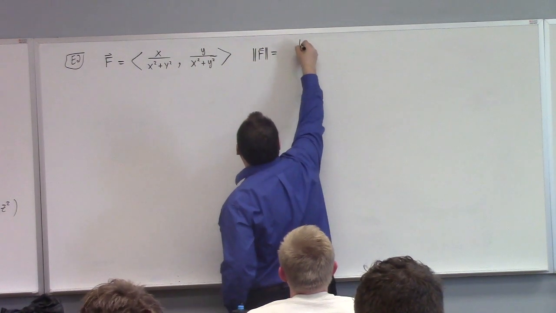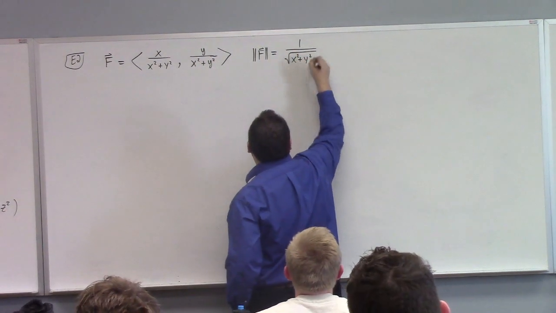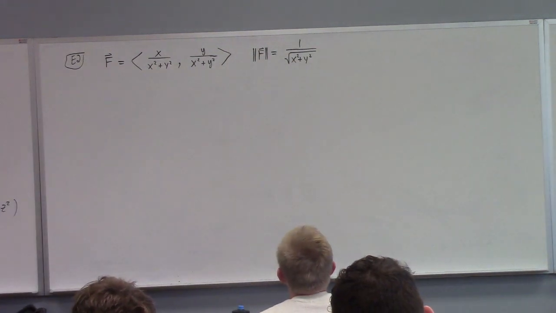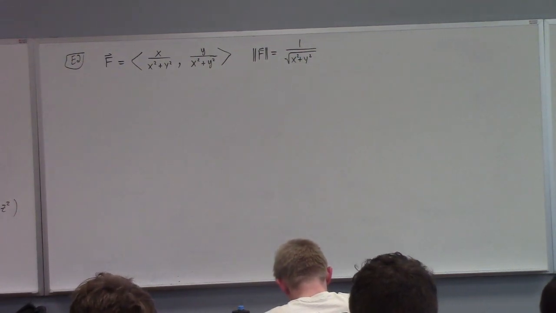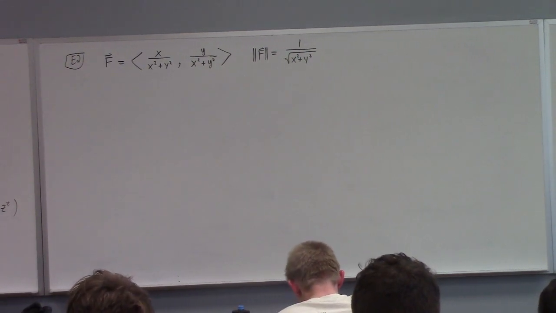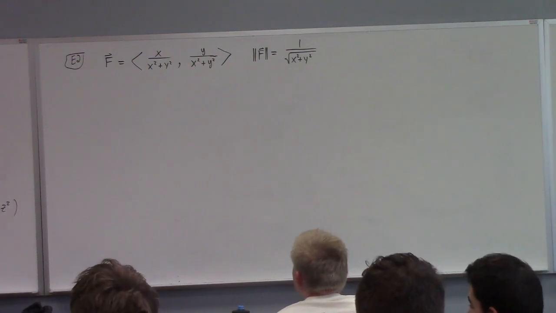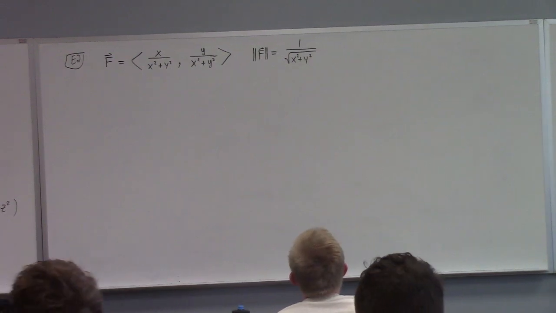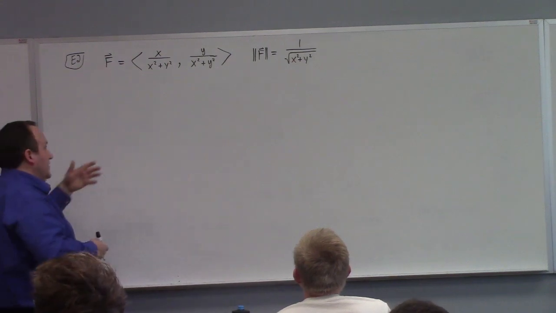Okay, so what you're telling me is 1 over the square root of x squared plus y squared, right? The dimensions here, each component of this vector has dimensions like length over length squared. So the magnitude should be like 1 over length. So my claim is consistent with dimensions. But you can work it out, it's that.